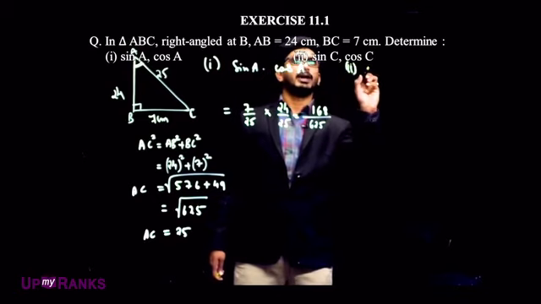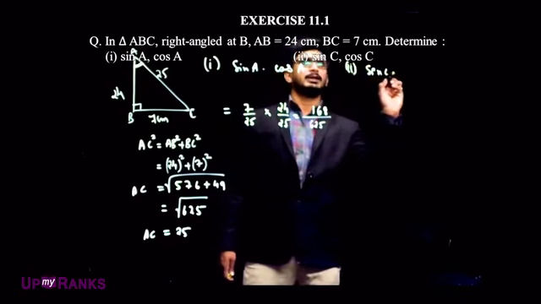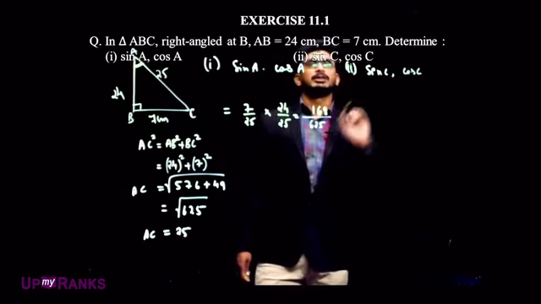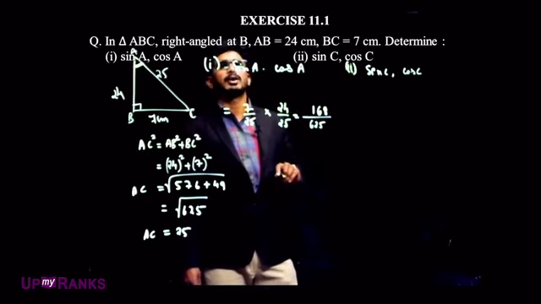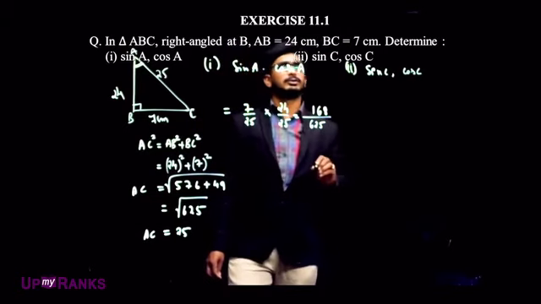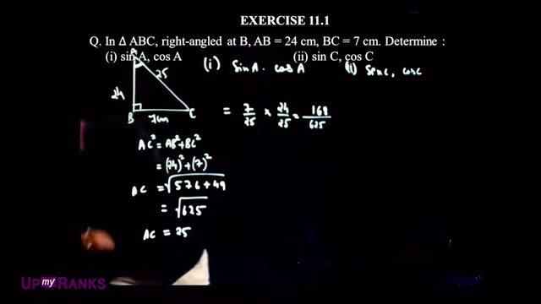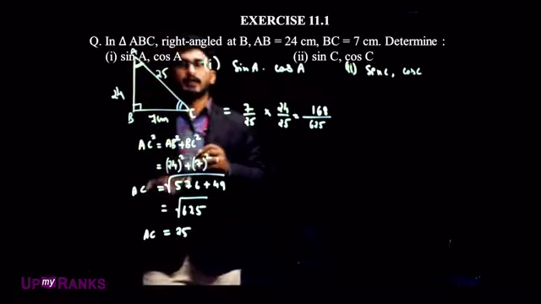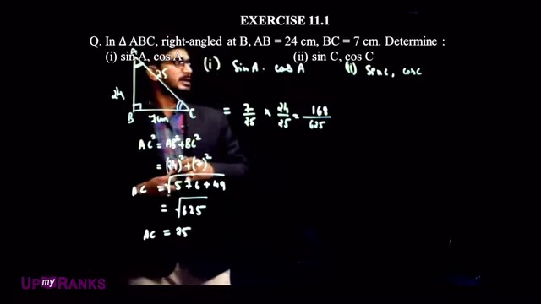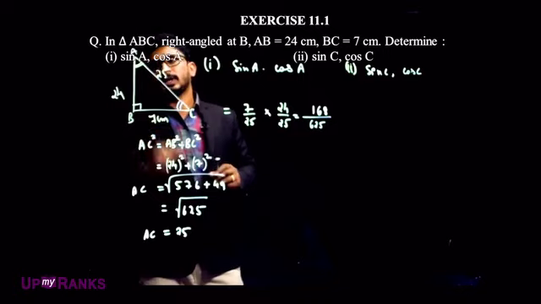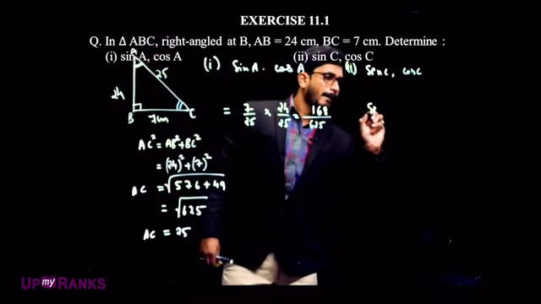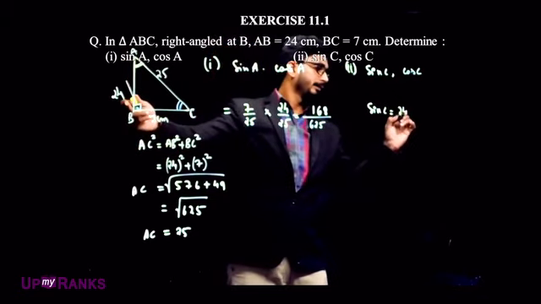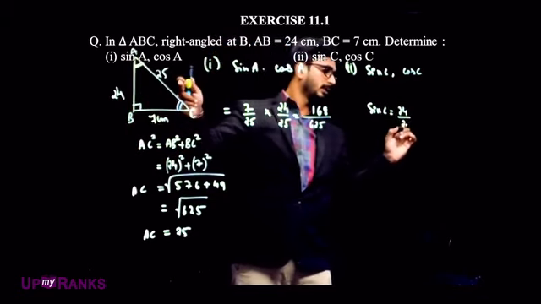The second problem, we need to find sin C and cos C. So it's not into, it's sin C and cos C. Similarly, we can find it here. Sin C: the angle C is here. For angle C, the opposite side is this one, AB. So sin C, opposite side is AB, which is 24, by hypotenuse, which is 25.